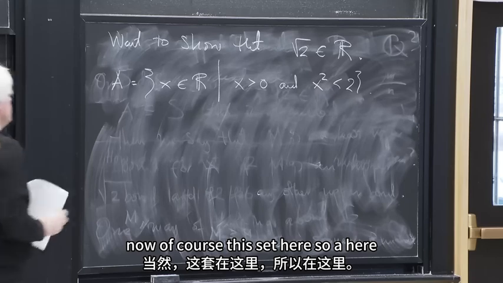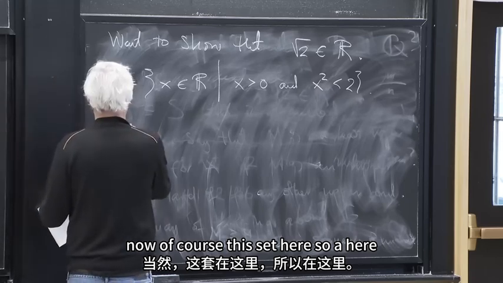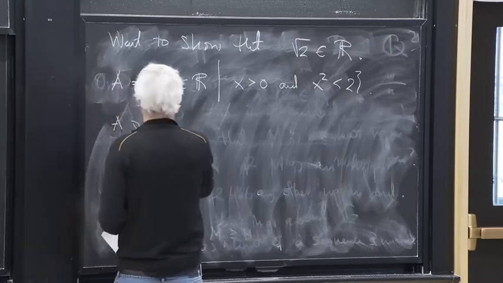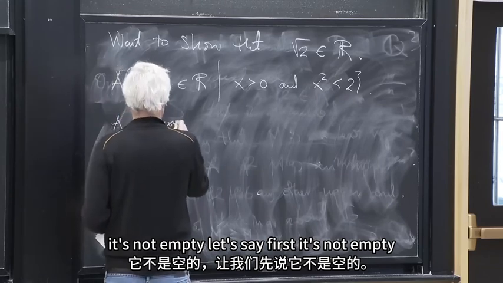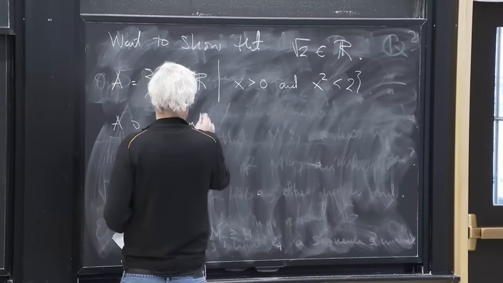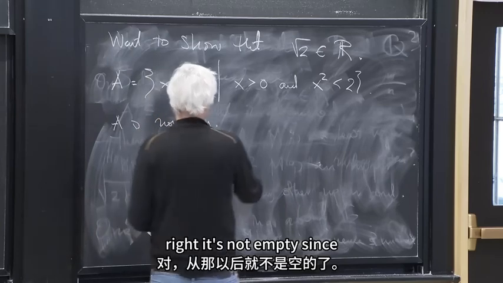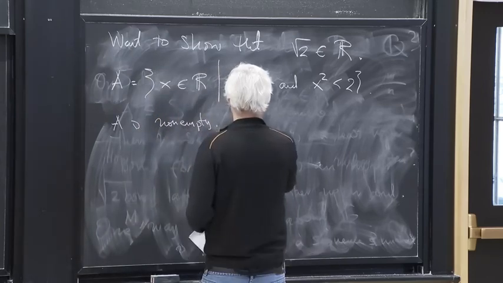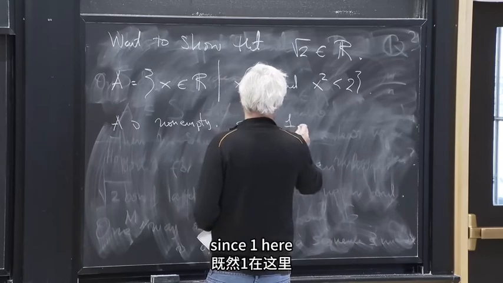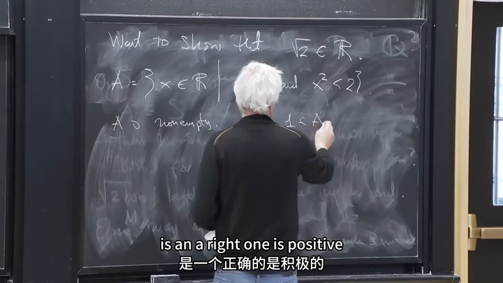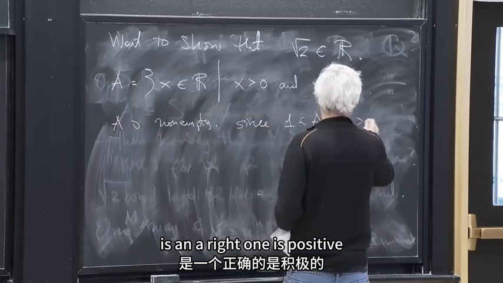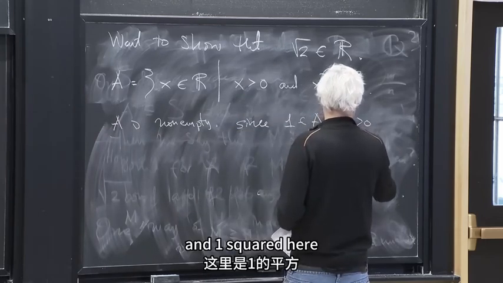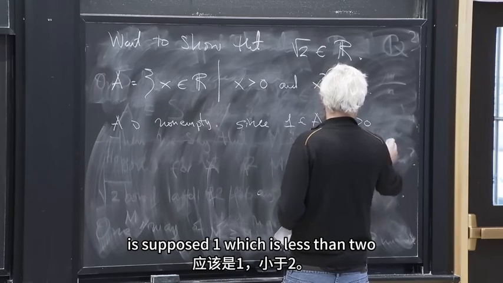Now, of course, this set A is bounded. Let's say first, it's not empty, since 1 is in A. 1 is positive, and 1 squared is of course 1, which is less than 2.